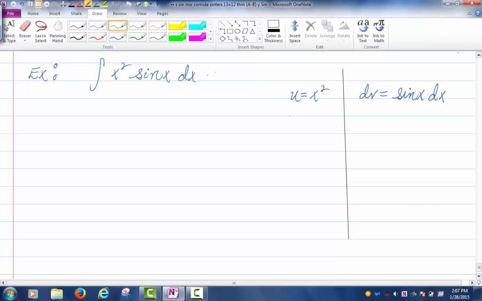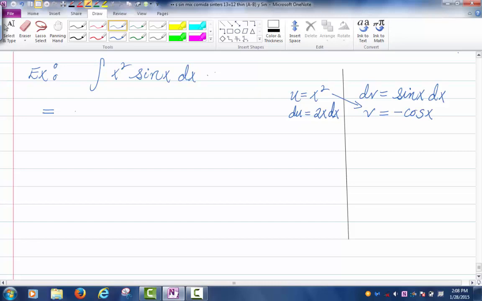So what is du? 2x dx. And what is v? Negative cosine x, right? So integration by parts tells me what? Integration by parts tells me that integral of x squared sine x would be what? uv.